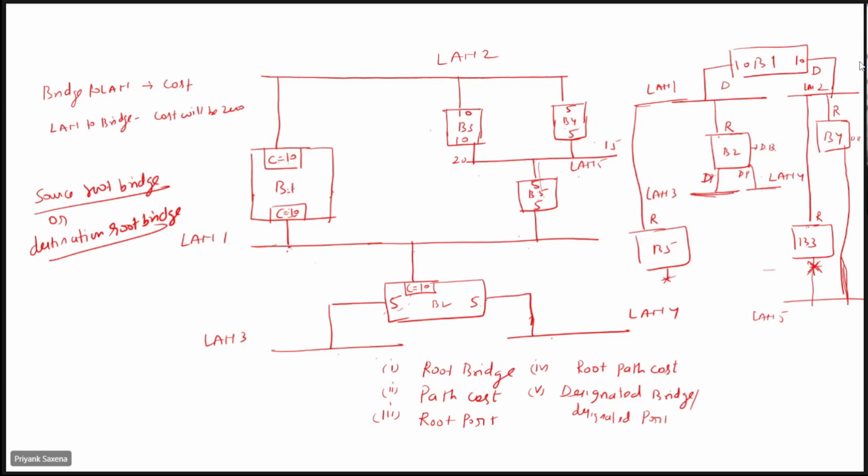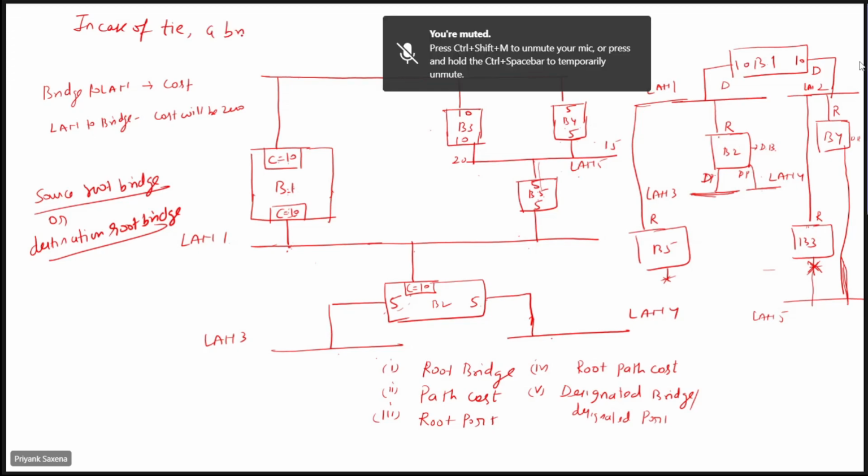Both things will not be together. So either it will be minimum cost or minimum number of hops. What you are mentioning is based on the minimum number of hops, right? Yes, sir. So in case of a tie, the bridge with the smallest ID is chosen.